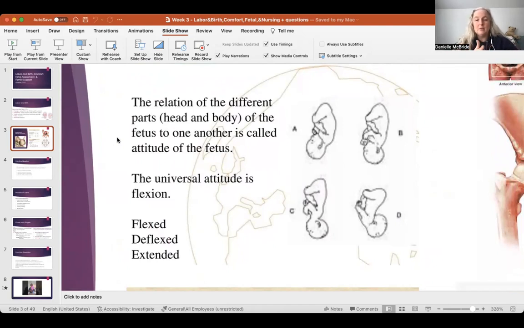That seems a little bit confusing, but what we're looking for is, is the baby flexed, so their chin is tucked down? If they're flexed, then their head comes through the pelvis with the narrow part like this. Is the baby deflexed, where they didn't flex their chin down and then they come through the pelvis with the wider part of their head? Are they extended, where now their chin is up? These are the different things related to attitude.